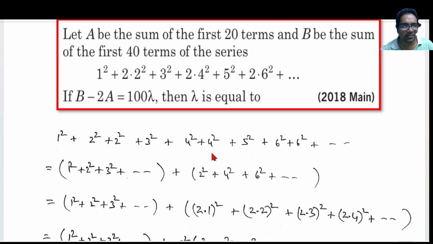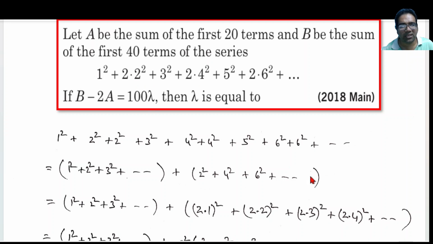So this series we can rearrange and write it like this. Basically the first part is the sum of squares of first n natural numbers. If it is A, this will have 20 terms and the second part will have 10 terms only, because if there are total 20 terms, then there will be only 10 even numbers, and those are repeated twice.